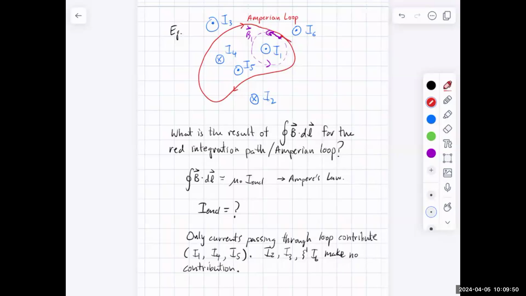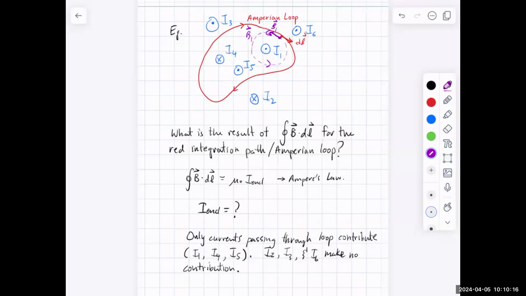So for example, if we look at a point over here, the magnetic field is pointing in this direction and our integration path is going in this direction. So this would be like a DL and this would be like a B1 here. And when we have to evaluate the dot product between B and DL, it involves the cosine of the angle between the two. What's the angle between B1 and DL that I've drawn there? 180 degrees.